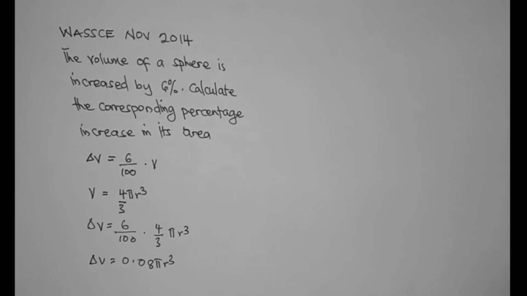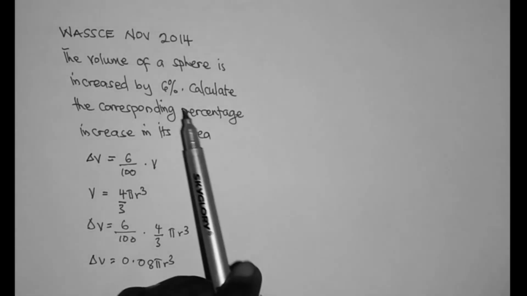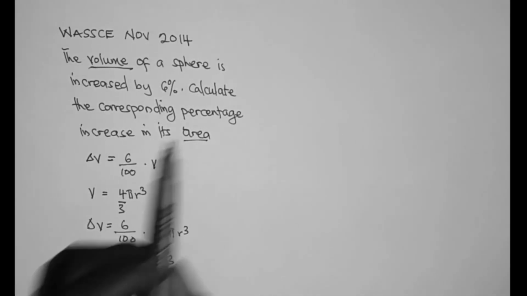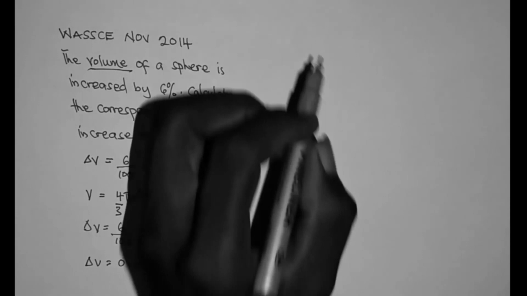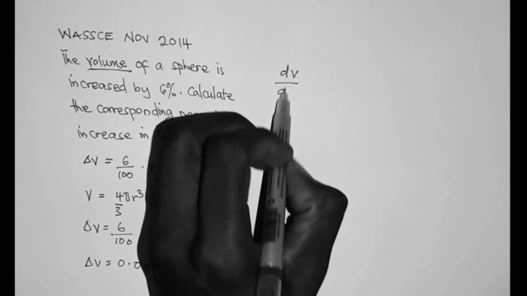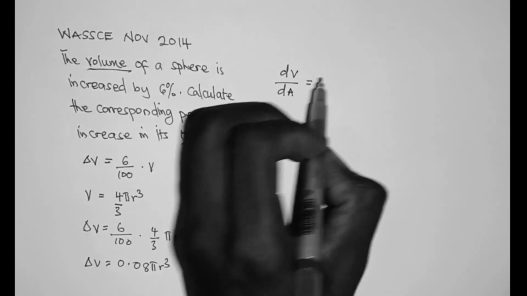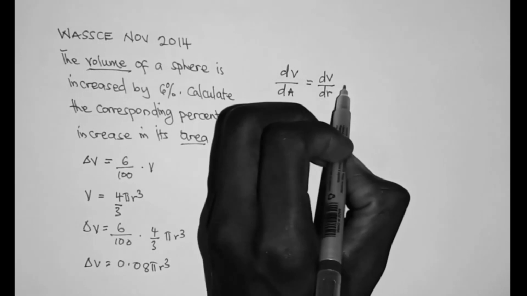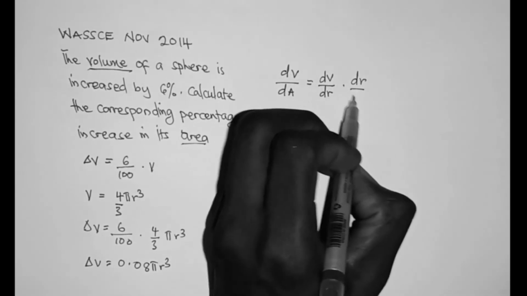So now let us write a formula that links both the volume of a sphere to the area of the sphere. We know that dV/dA is equal to dV/dr times dr/dA.